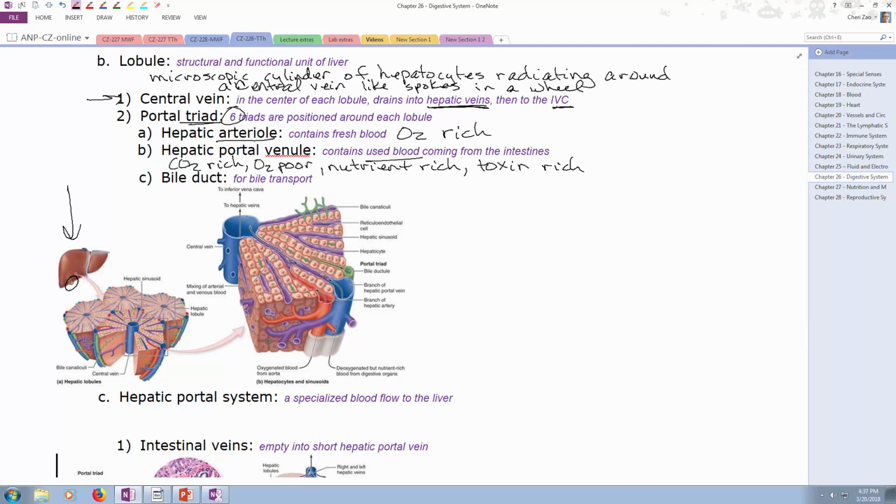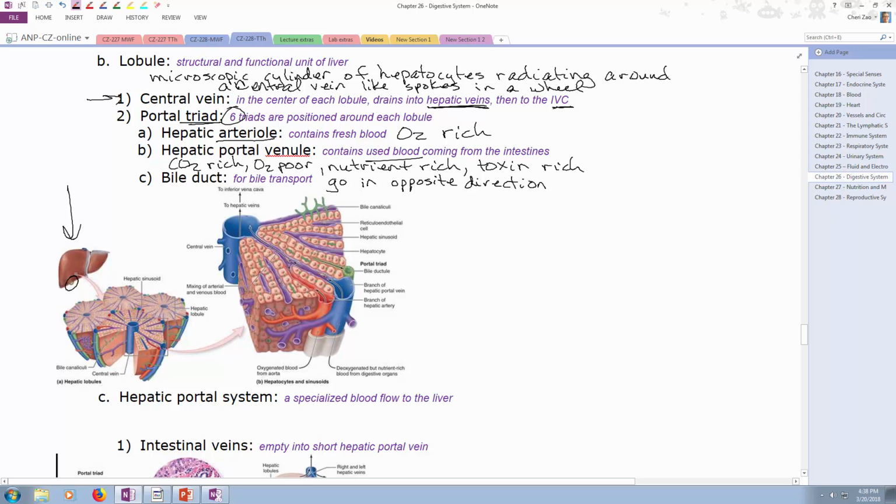So all of this blood goes to the liver. The liver is a major processing plant. Also part of that triad is going to be a bile duct for bile transport, and this is going to actually go in the opposite direction, flow-wise, compared to the arteriole and the venule.